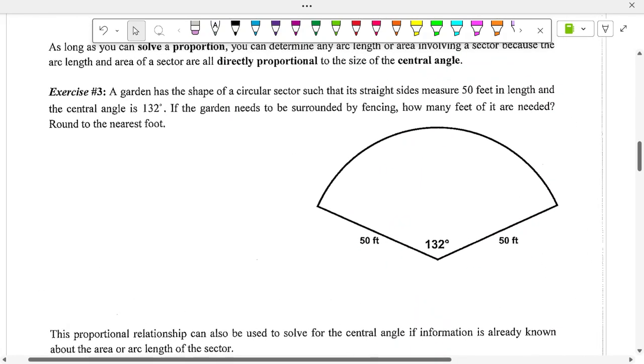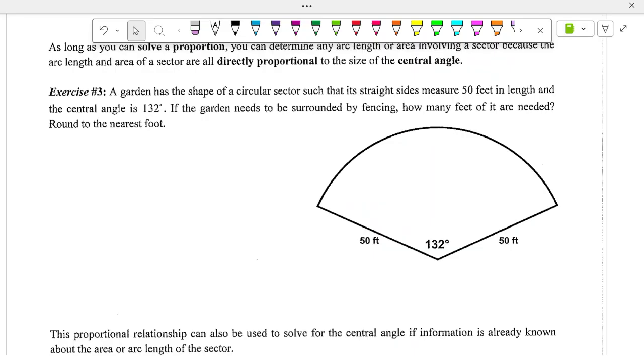I want you guys to try this next one on your own. Don't be thrown off. It's still a sector. It's just a section of a circle. They just didn't draw the whole circle.